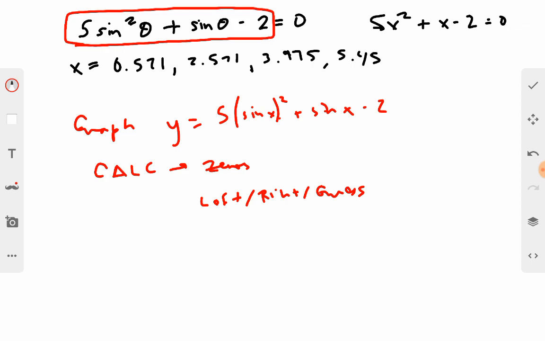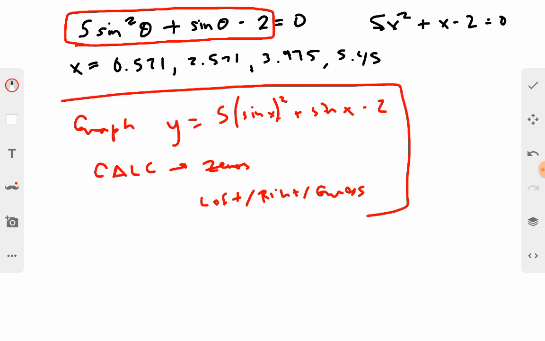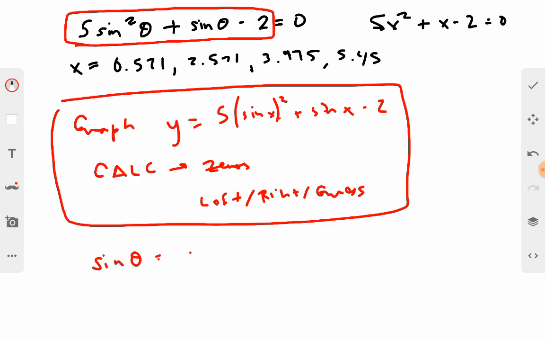All right, but if it's one like this that doesn't factor, it's either that on the graphing calculator, or you've got to use the quadratic formula. Instead of x equals, and then the quadratic formula, you'd have sine theta equals negative b plus or minus the square root of b squared minus 4ac, all over 2a.